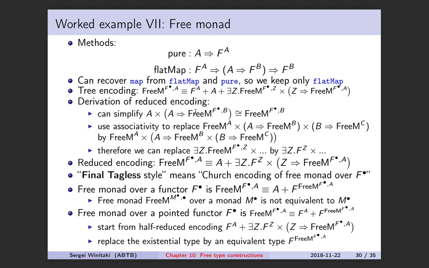So you can do church encoding of any type, and you can do free monad without a church encoding. And if you want, you can do church encoding of a free monad, and you have a choice. You can church encode this, or you can church encode this. And that could have different performance implications.